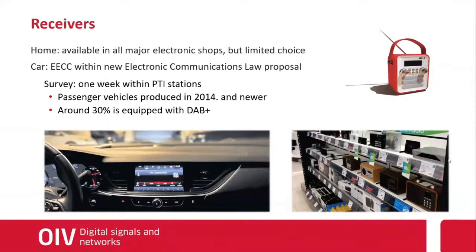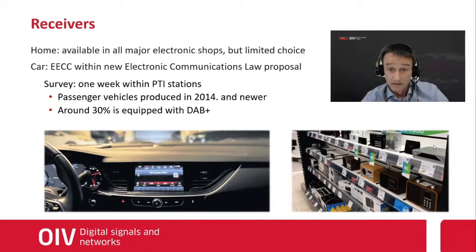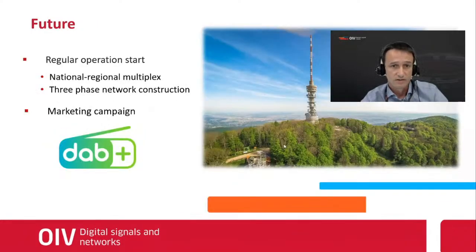They inspected whether cars produced from 2014 and newer have DAB+ receivers. So within 1 week, around 9,000 vehicles were inspected, and the result is that 30% of them had a DAB+ receiver, which is very interesting, we think.